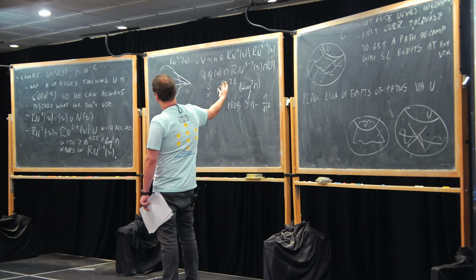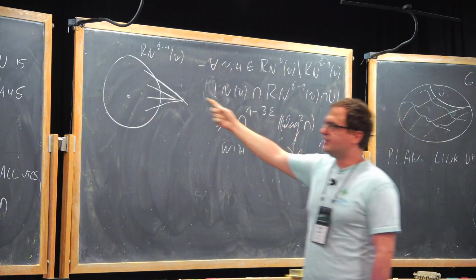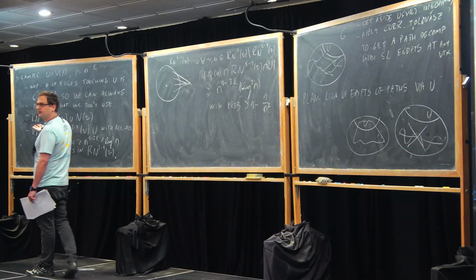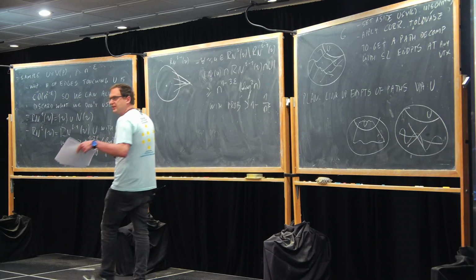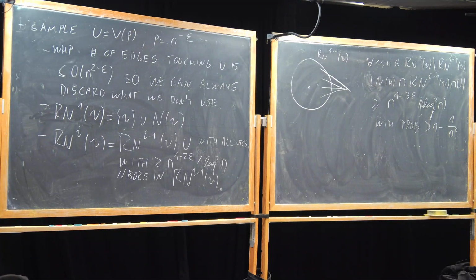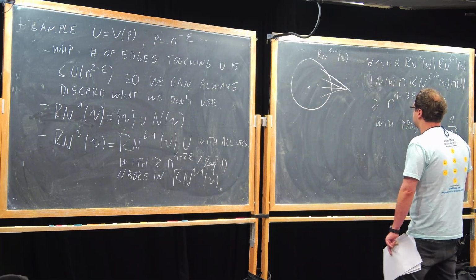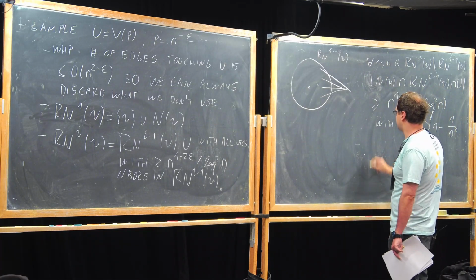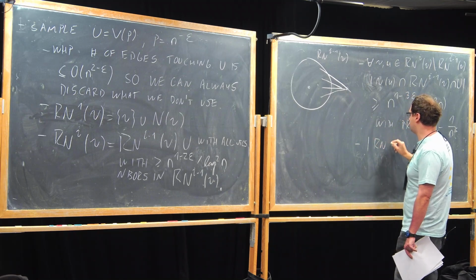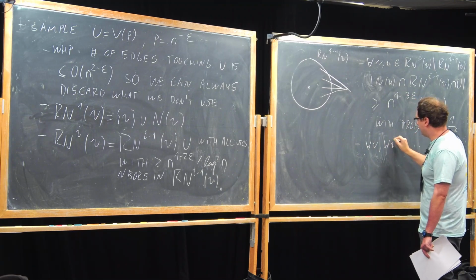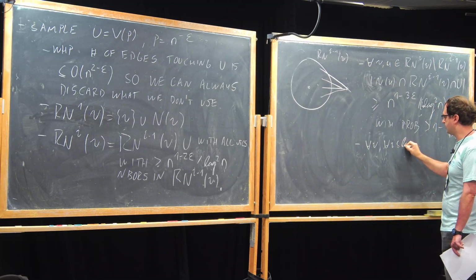So this is one property we want from U. The other property is we want that its size behaves correctly. Chernoff tells you that it's not more than 2np or less than half np. And the final thing is that we also want that these robust neighborhoods get sampled correctly. So I want that for every v and every i, the size of the robust neighborhood of radius i around v is less or equal than, let's say, log to the 4 n.